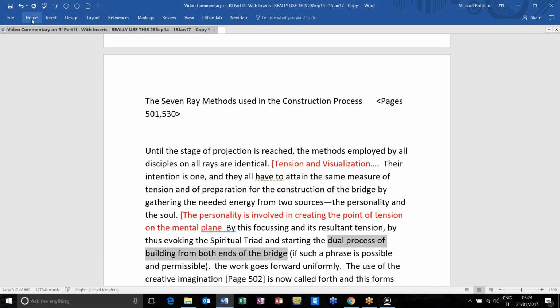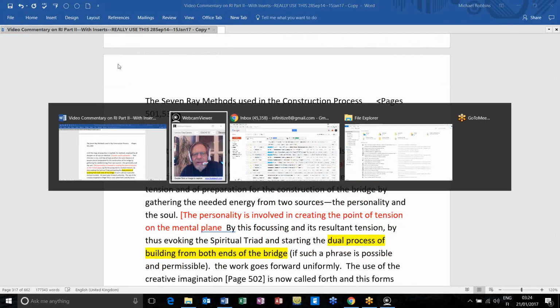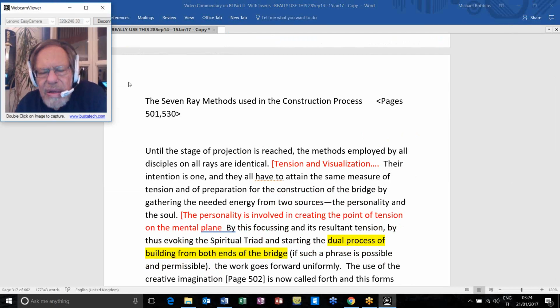This is something we have to keep always in mind, that there is a reciprocal response to everything that we may do as an increasingly soul-infused personality. The work goes forward uniformly, presumably as it should.